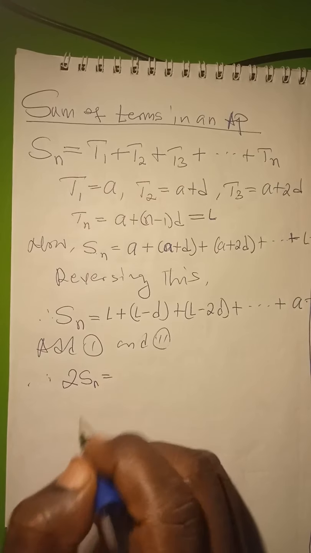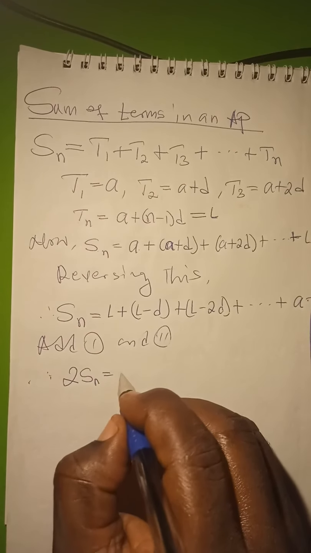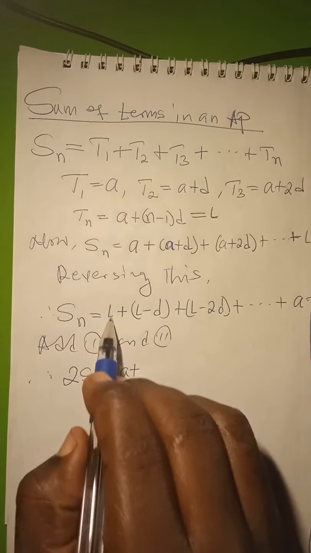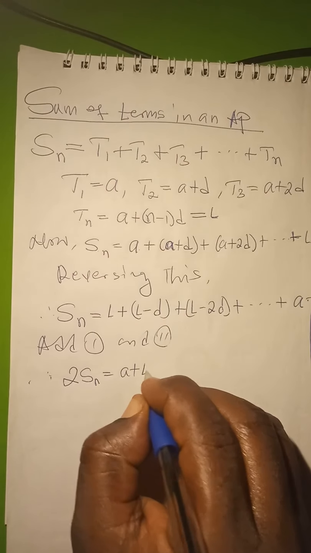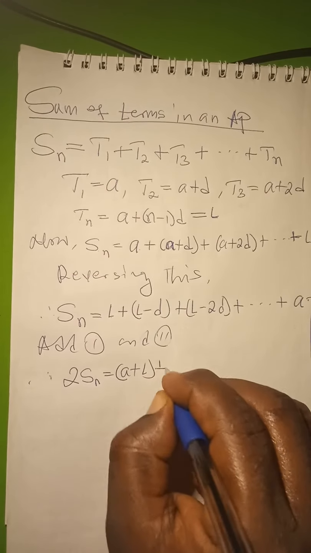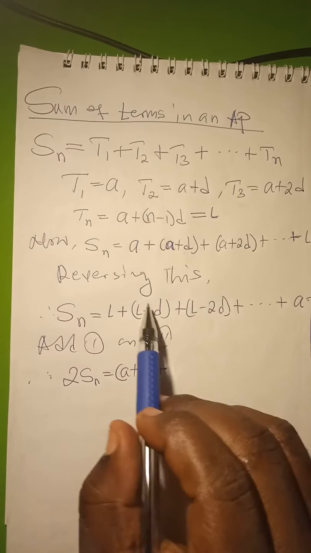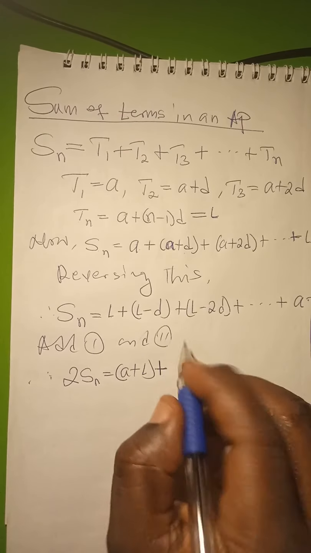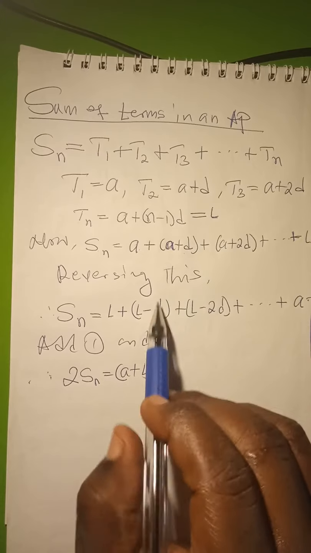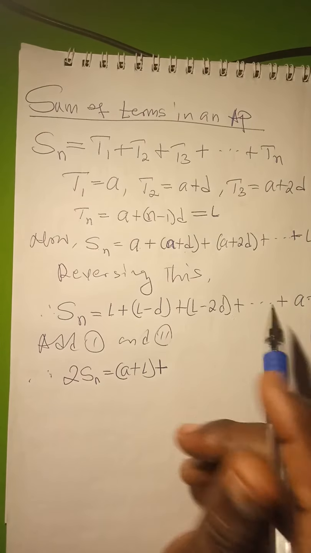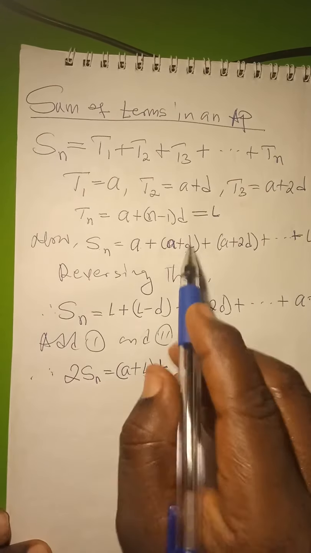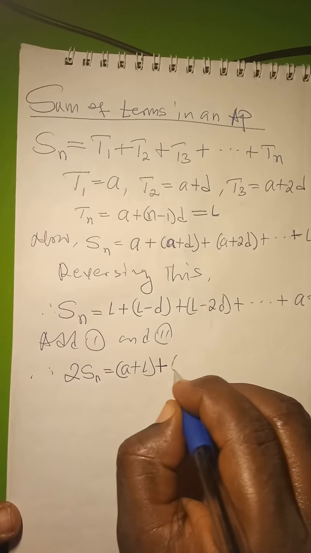Simple, right? The first term and last term added together give A plus L. Then plus the second term and the second to last term: this is D and this is minus D. When you add them together, they cancel out, and you are left with A plus L.